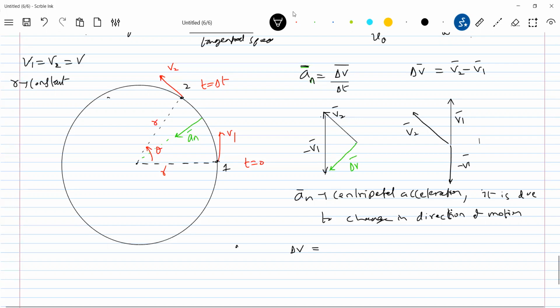What is the angle between V1 bar and V2 bar if this is theta? V2 bar is somewhere here, no? V2 bar was somewhere here. So what is a way to indicate this theta in this diagram?